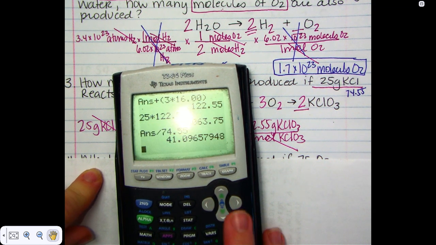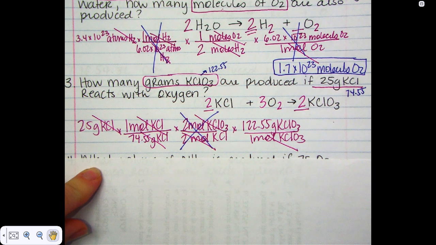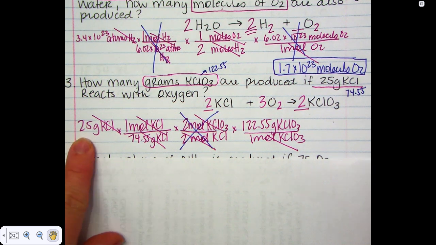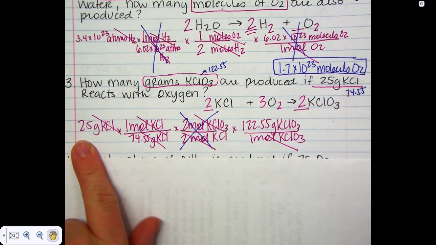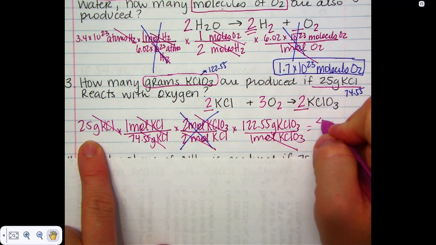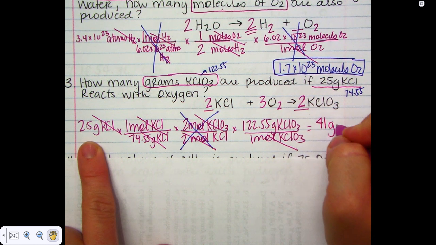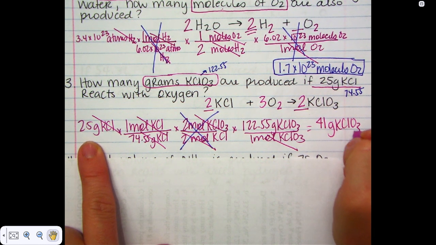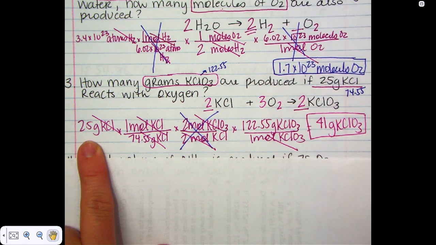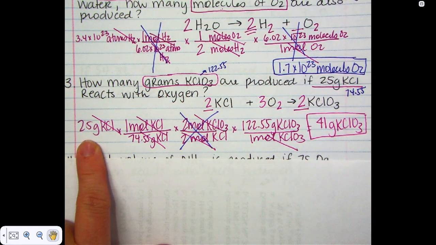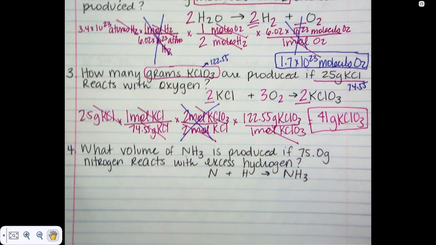All right, 41.096. I can have 2 sig figs, so 41.096 is going to be 41 grams of KClO3. All right, let's go on to our next one.